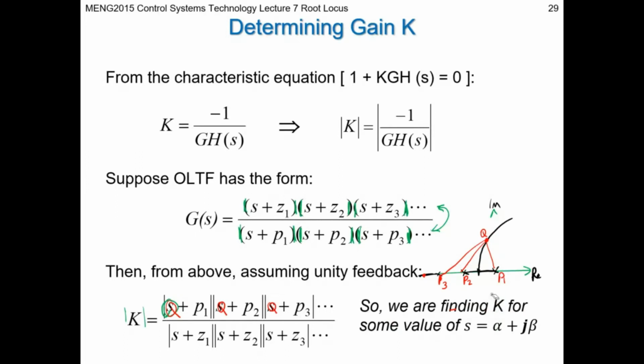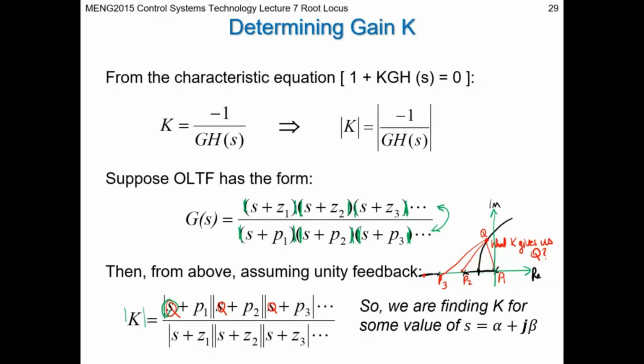So we're finding K for some value of S equals alpha plus I plus J beta. So we want to say what K gives us Q. What value of gain? Remember, our gain will start at 0 at the poles, and as gain increases in our system, our closed loop roots are going to move from our poles towards a 0 and infinity.